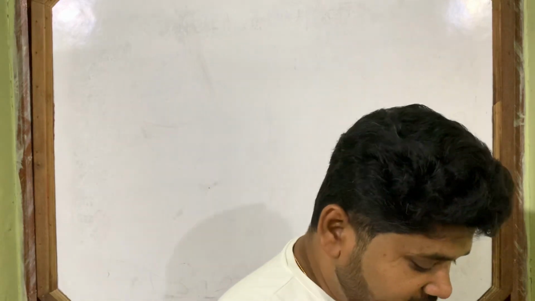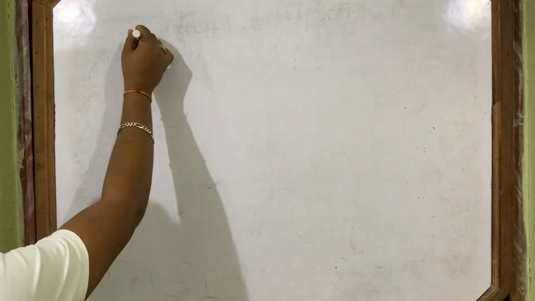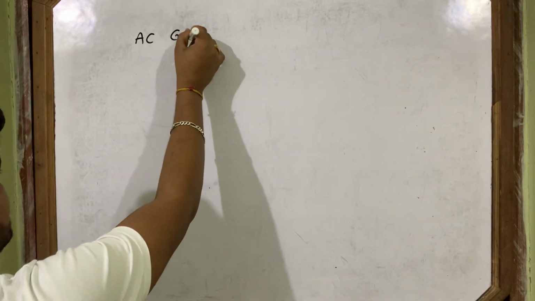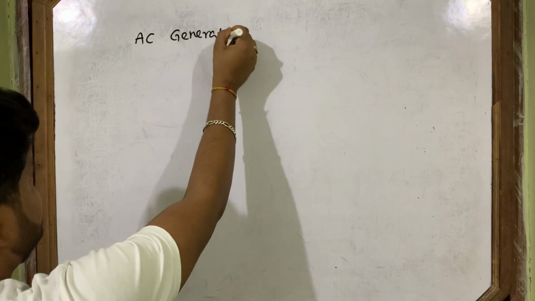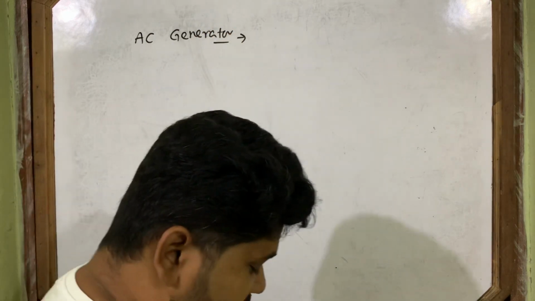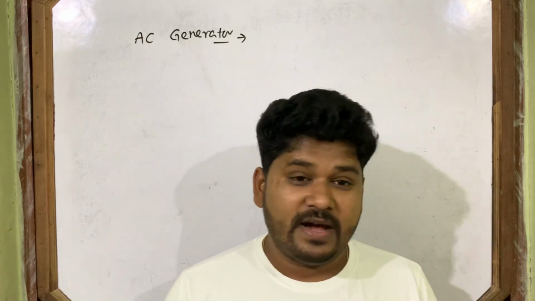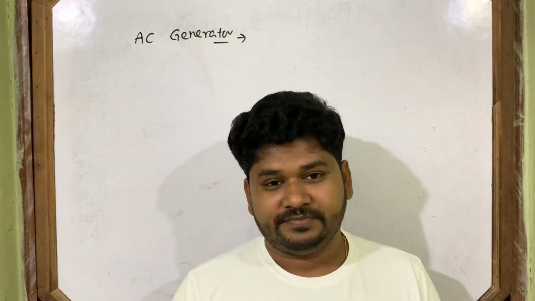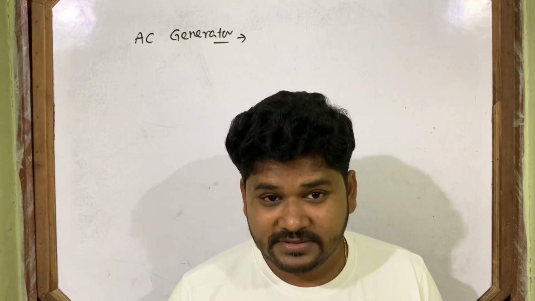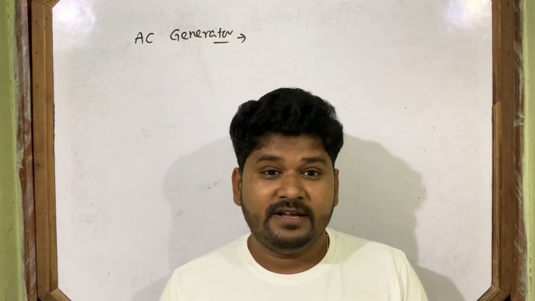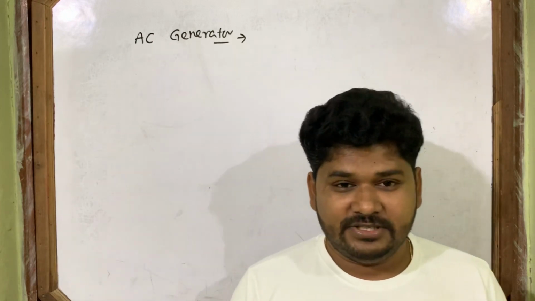Then the last part of this chapter is a very important one, that is the AC generator. It's a very important device. What is its function? It converts mechanical energy to electrical energy.